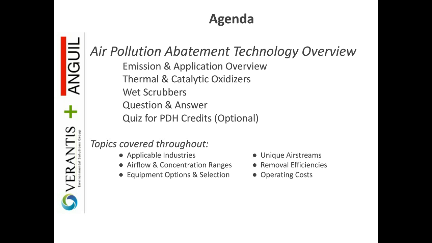The different options in terms of the equipment, so there's a handful of different oxidizers, both thermal and catalytic, that we'll talk about, and how we go about selecting those. Unique airstreams, and this is where we'll tie the whole presentation together, how oxidizers and wet scrubbers are tied together towards the end, and that's how we'll transition into the wet scrubber side of it.